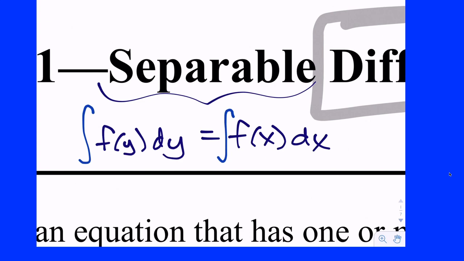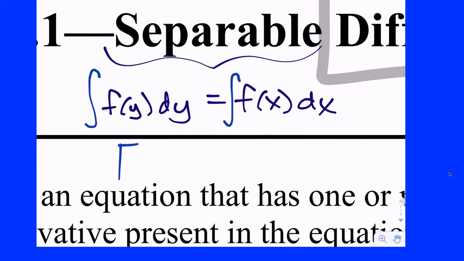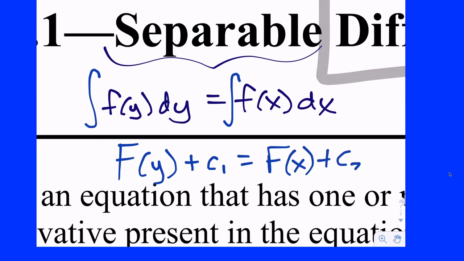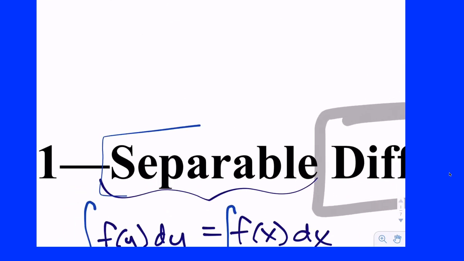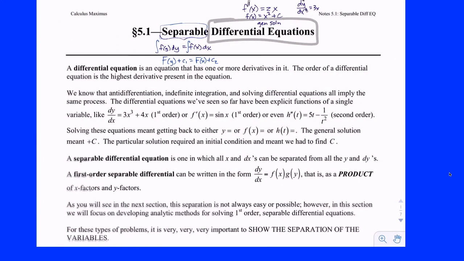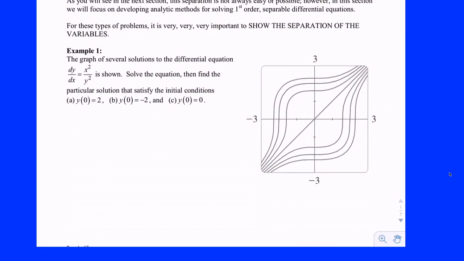And when I integrate both sides, I would get big F of y over here, plus c sub 1, and big F of x over here, plus c sub 2, and then I can solve for big F of y by subtracting c sub 1, and combining my c's to get a new and improved c. So that's essentially what we're going to be doing. All right, but what's important here is that we show the separation of variables, as you shall see.